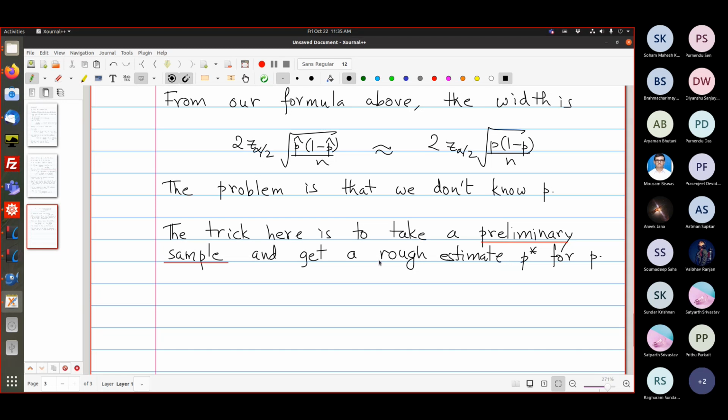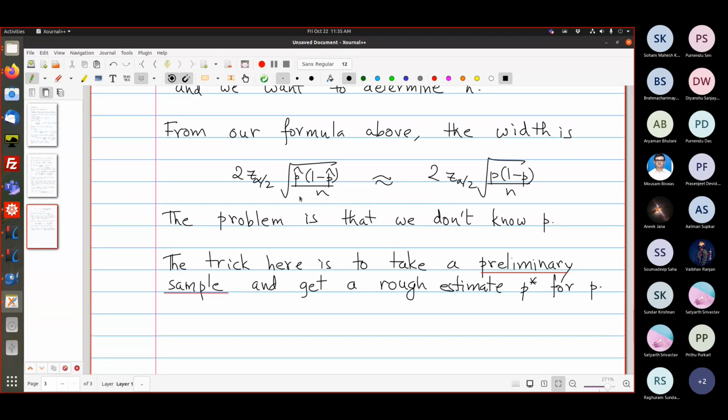They won't take this into account in the later calculation, but initially, just to determine n, they will use this P star.